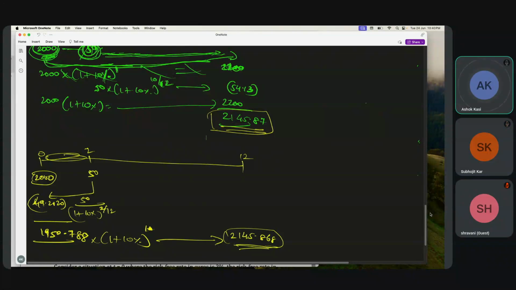The second one is easier, right? Okay, you follow the second one. First we discount the dividend, deduct it from the present value, and then compound with the risk-free rate. Yes, sir.